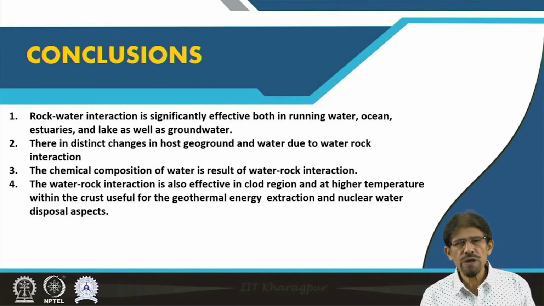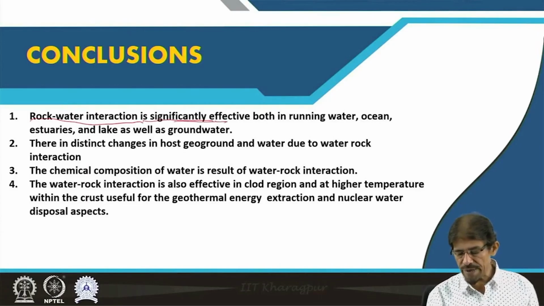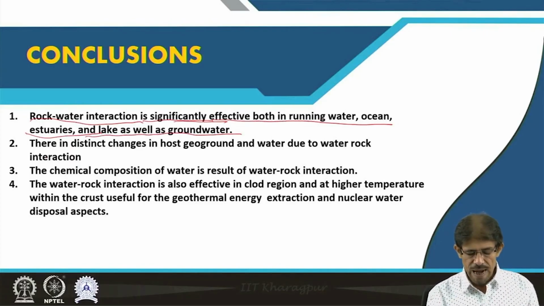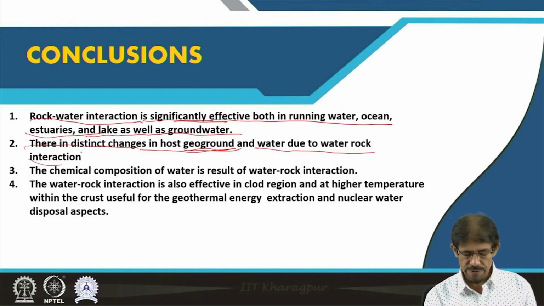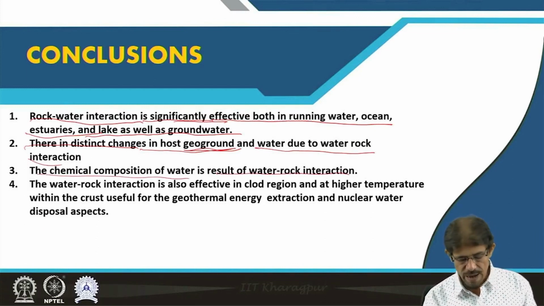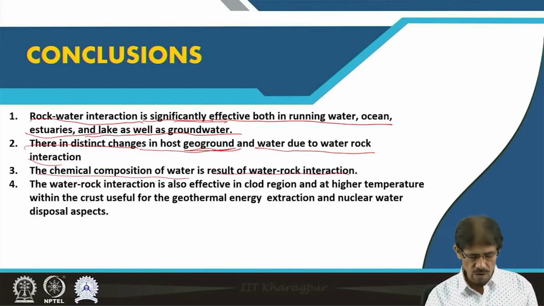In conclusion, we can say that water-rock interaction significantly affects running water, ocean water, estuaries, lakes and groundwater. There is a distinct change in the host rock and the water due to water-rock interaction. The chemical composition of water is the result of water-rock interaction in surface water as well as in groundwater.